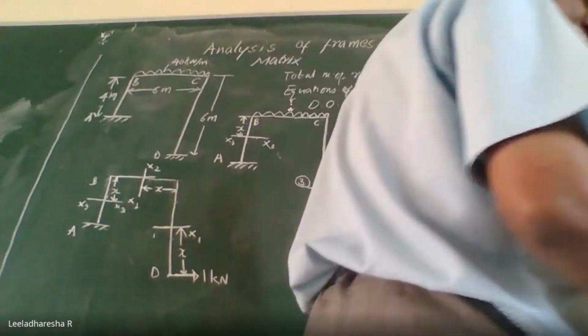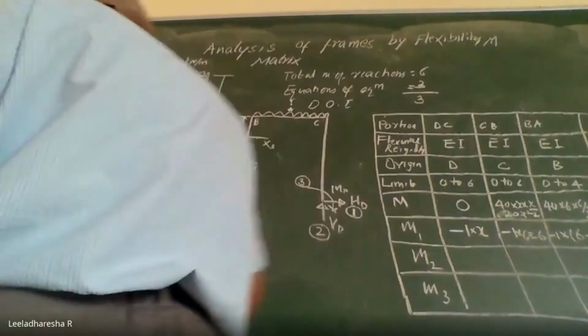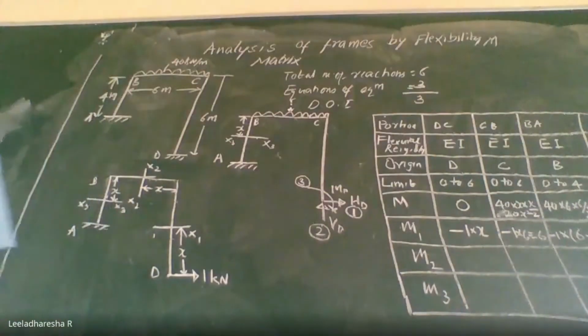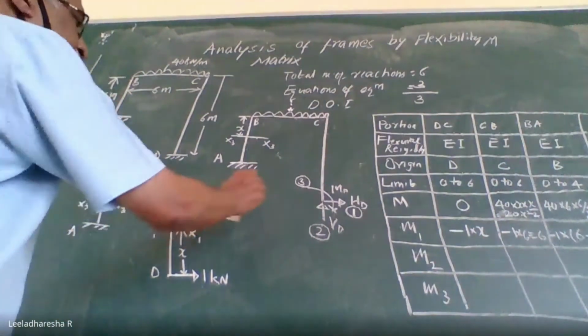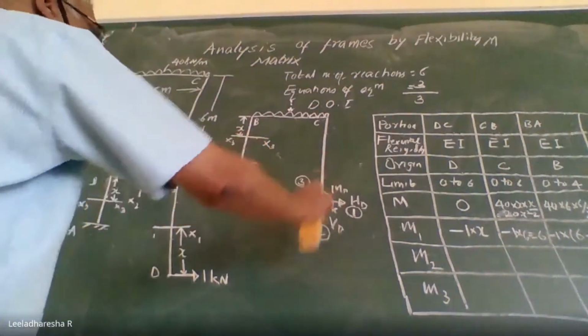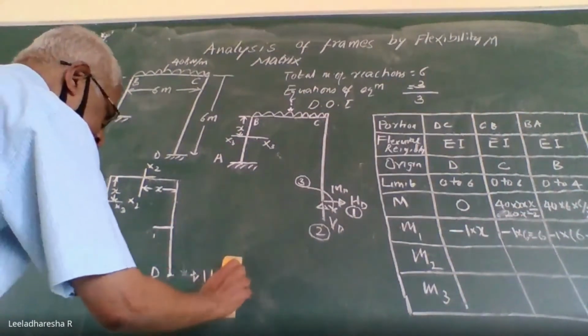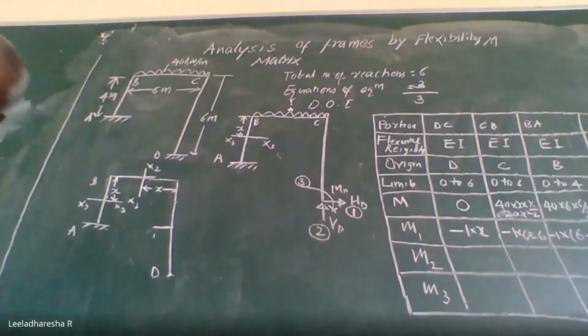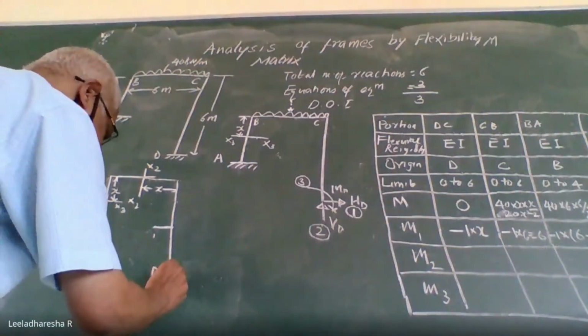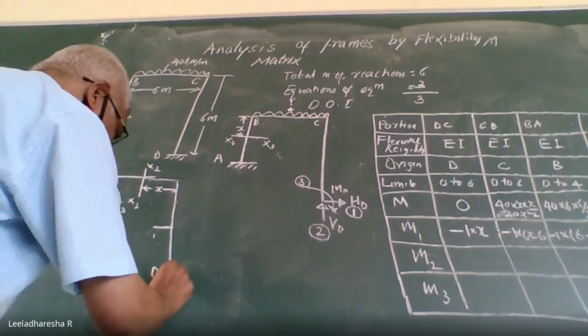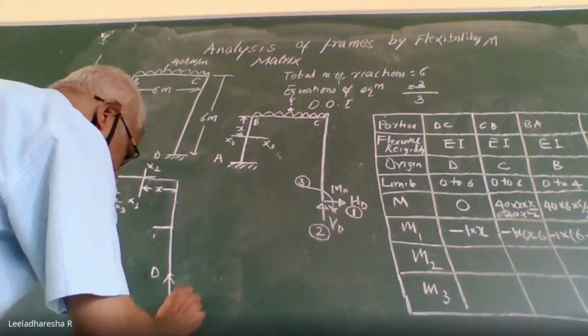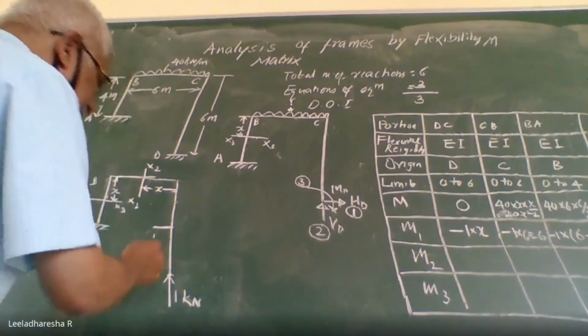Similarly, now in the next figure, apply unit load in coordinate direction 2. What is coordinate direction 2? It is the vertical reaction. So I will just remove this and apply unit load in that direction at D. Apply 1 kilonewton vertical force and repeat the process.